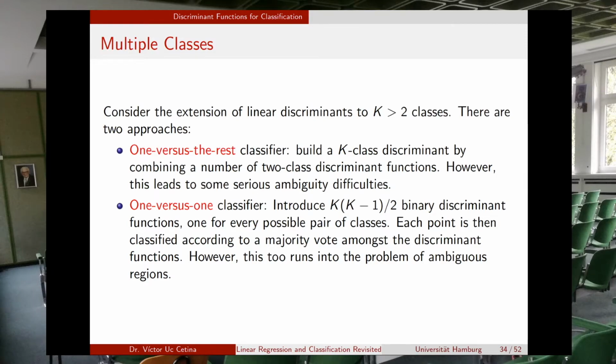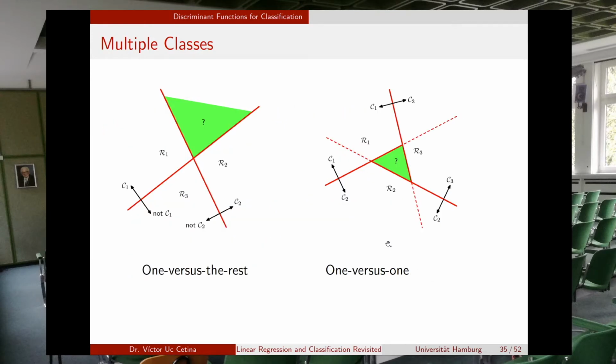So you will need to consider all the combinations, and that number is k times k minus 1 over 2. This is another way to implement a multiple class classifier considering only binary classifiers. This again will get some ambiguous regions, ambiguity problems.